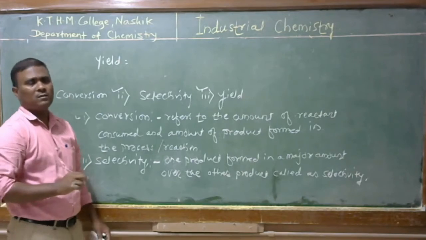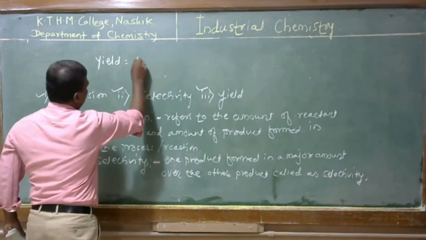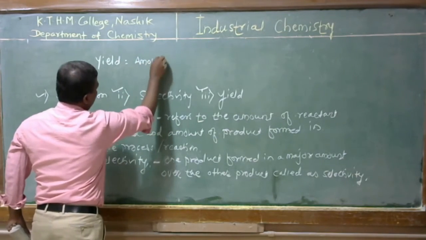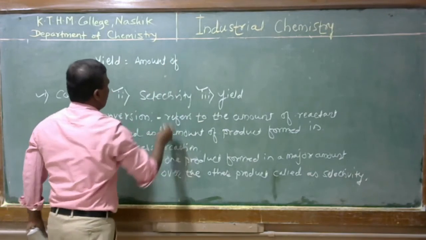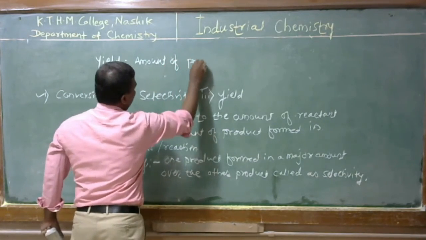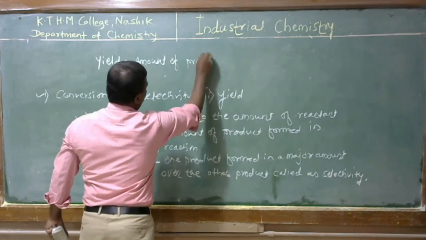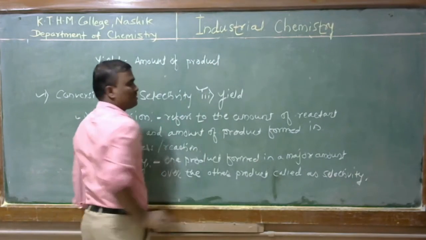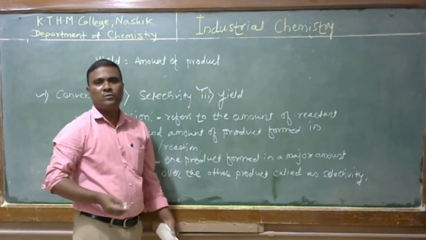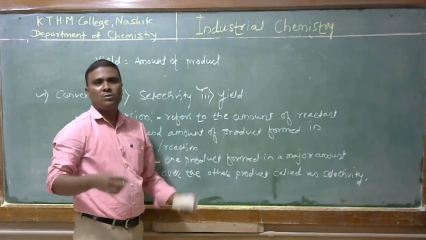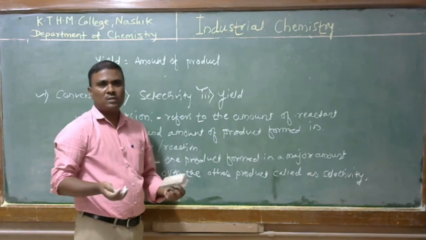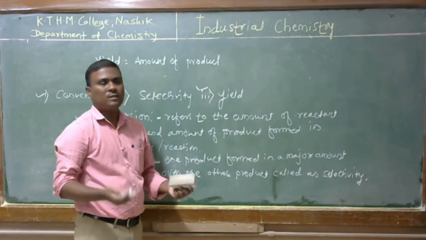What is the yield? Yield is the amount of product. When we talk about the yield, we talk about how much amount of the product we have obtained in the reaction.